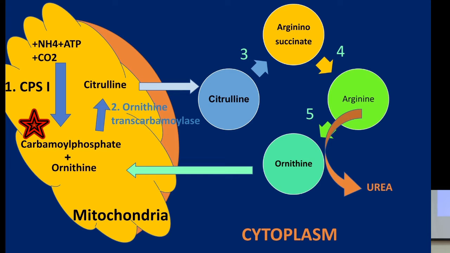You form a new amino acid called citrulline. So the first two steps, CPS1, carbamoyl phosphate synthase 1, and ornithine transcarbamylase, are in the mitochondria. Then citrulline is transported to the cytoplasm.